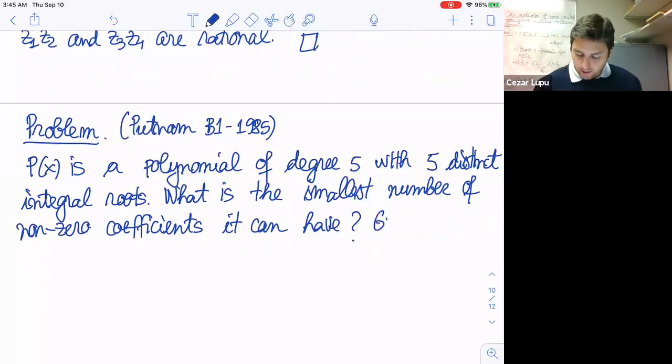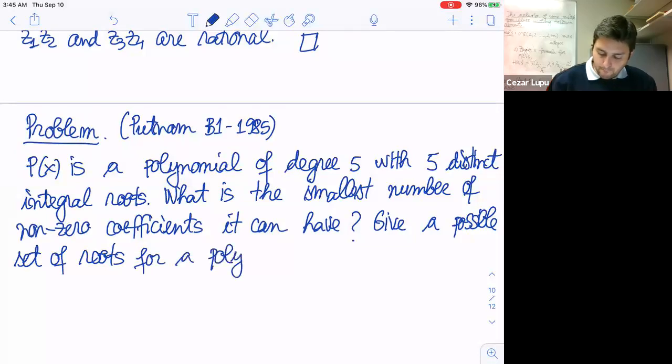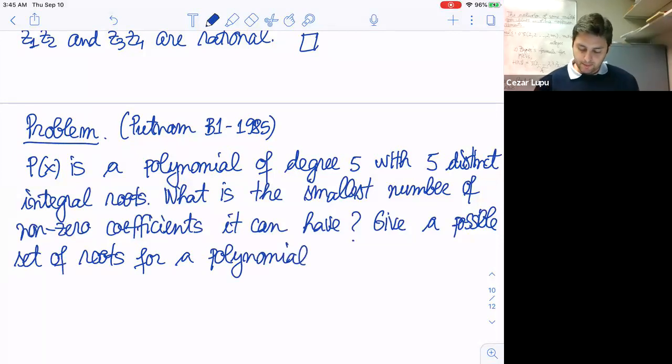And give a possible set of roots for a polynomial achieving this minimum.